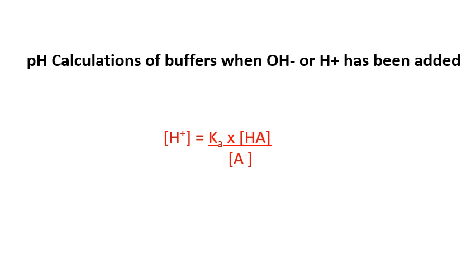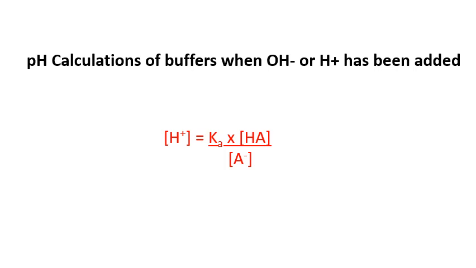So we've got two different sets of calculations we might need to do here. There'll be one way of doing it if you add OH- and one for if you add H+ to your buffer, but they're very similar. In both cases, what you are essentially trying to work out is the HA concentration and the A- concentration.